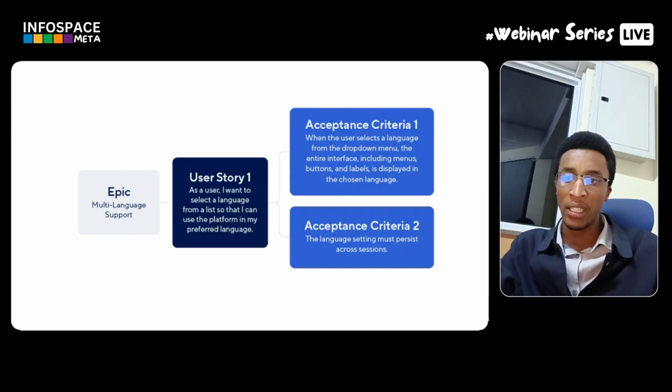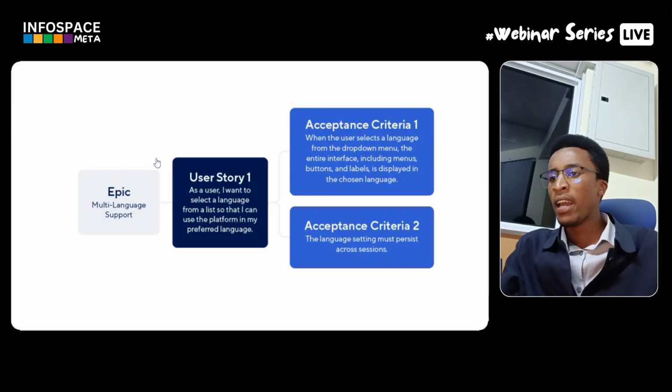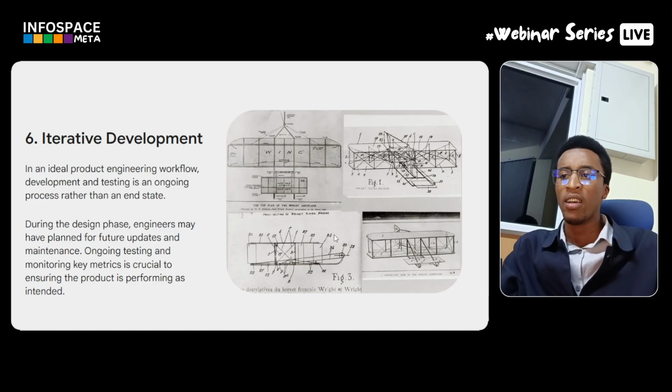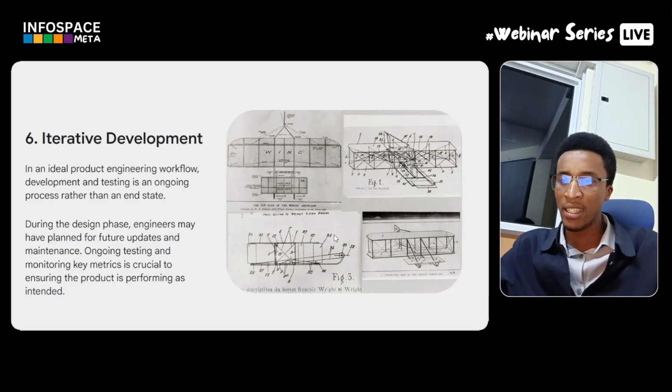And finally, iterative development. So in an ideal product engineering workflow, development and testing is an ongoing process. It's not something that ends once. It's something that you always have to go back to and iterate until you get what you want.